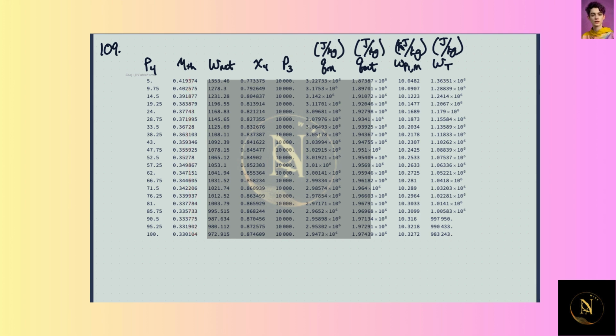So we can basically see that efficiencies go down as the condenser pressure goes up. So we want to get this pressure as low as possible. But again, you've got to worry about leaks.